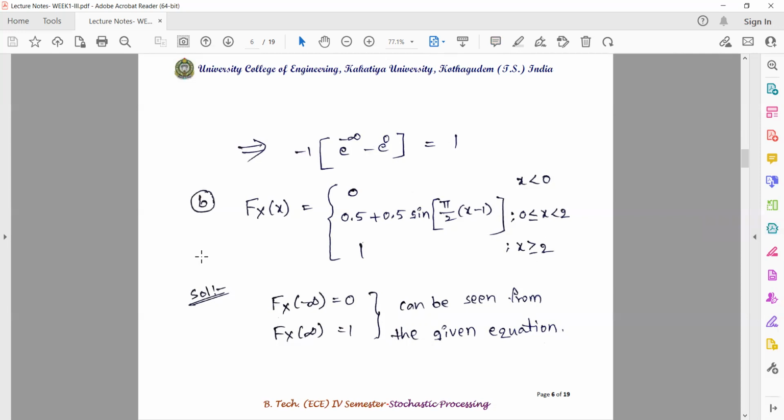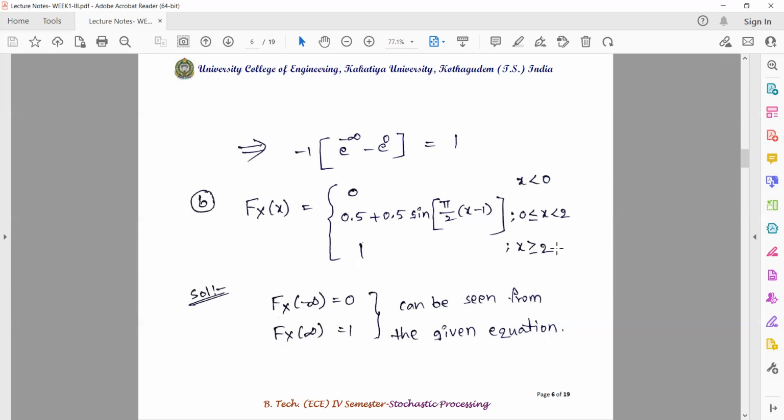Second one, B. Capital Fx of x is equal to 0 when x is less than 0, 0.5 plus 0.5 sine of pi by 2 times x minus 1 when x lies between 0 and 2, and equal to 1 when x is greater than or equal to 2.